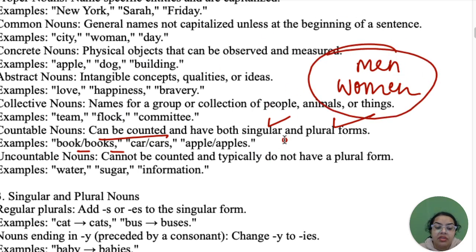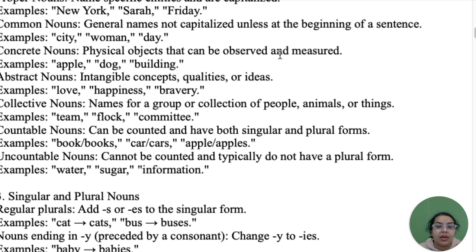Carefully read if the form is correct or not as per required in the sentence. You have uncountable nouns which don't have a plural form. The water that we drink, that we use to do daily chores, that water is uncountable. Sugar that is used in a kitchen, milk, information, these are uncountable.